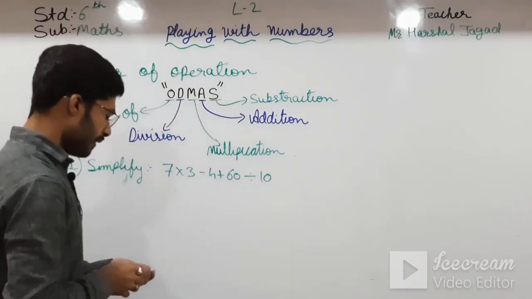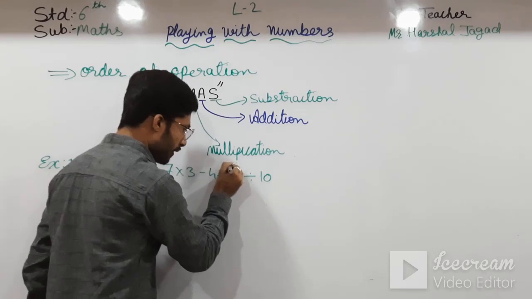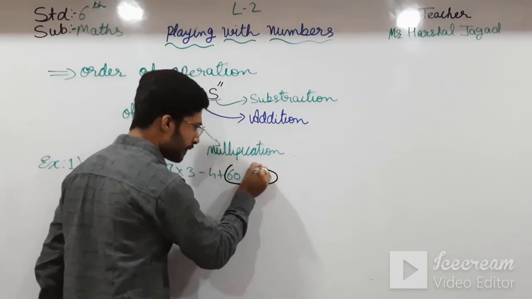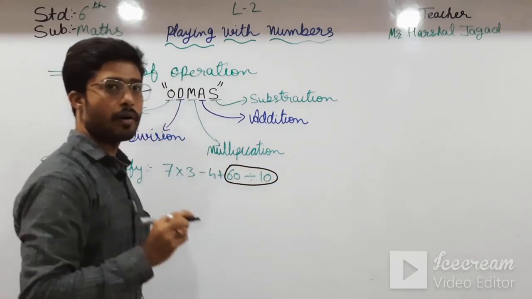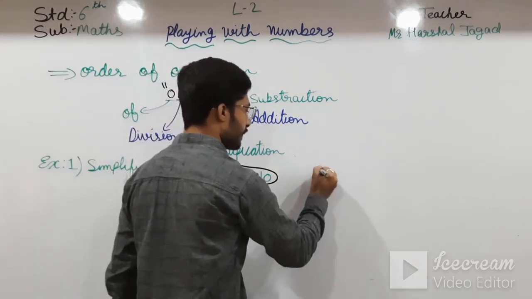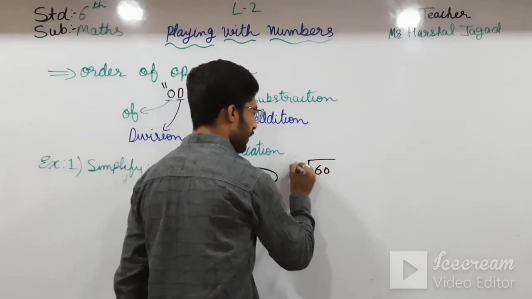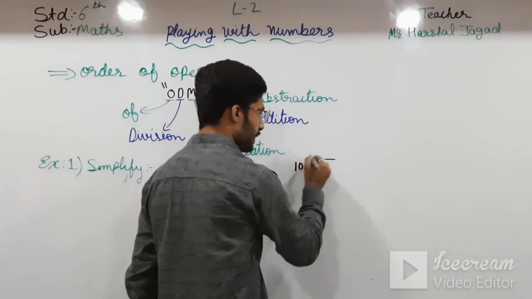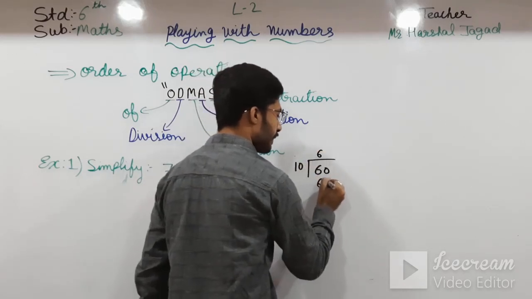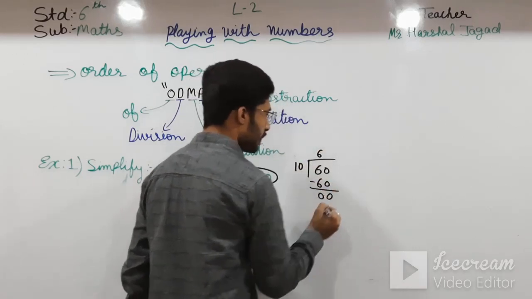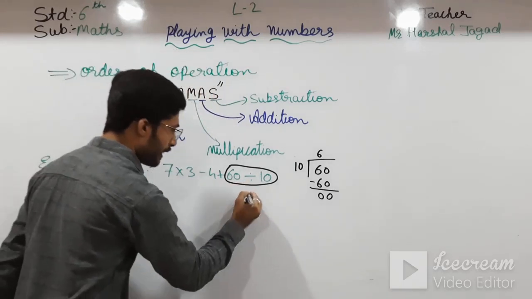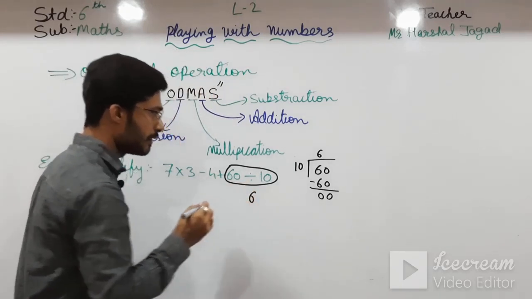Yes, here there is a sign of division. So first of all, we have to do this division. So how will we do this division? 60 divided by 10, that is 10 6s are 60, 0 0. Here will be the answer, that is 6.